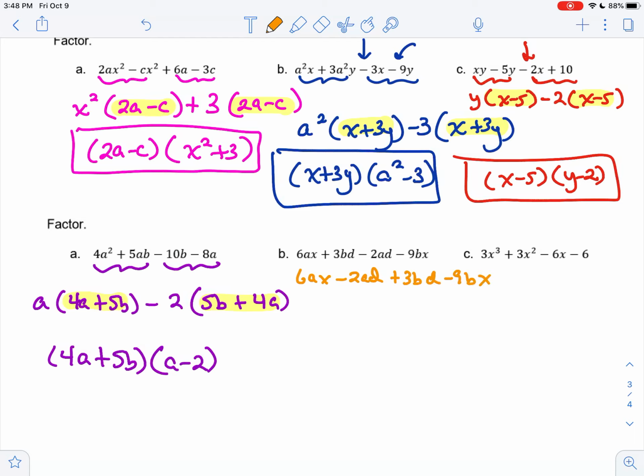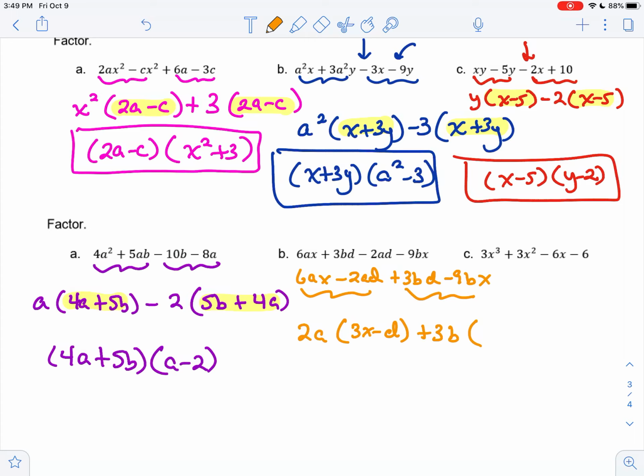And maybe I can try to group together the positive 3bd with the minus 9bx. So let's see what happens there. If I group those two, I can take out 2a, and then I'm left with 3x minus d. And if I group in the second 2 terms, I have a 3 and a b that can come out.